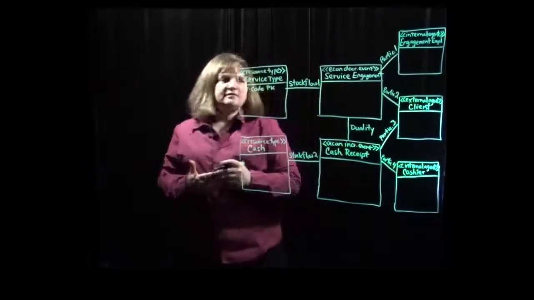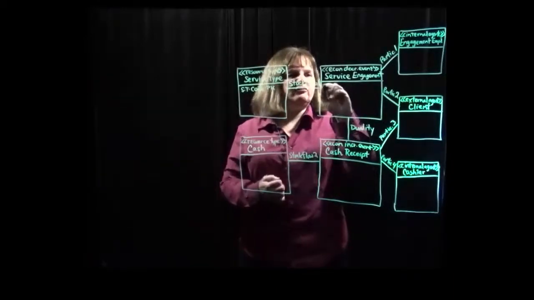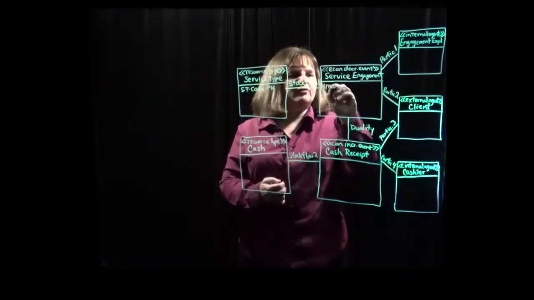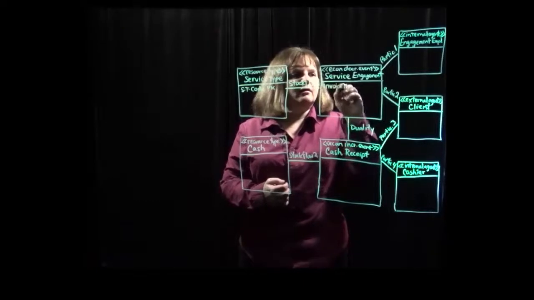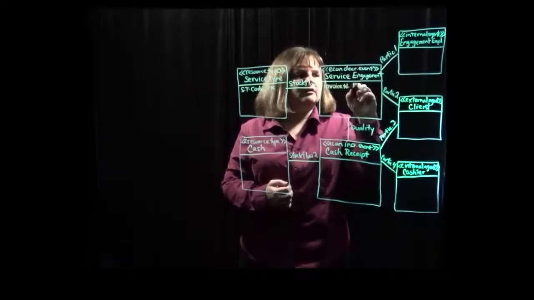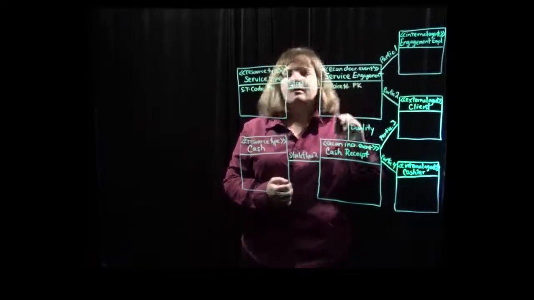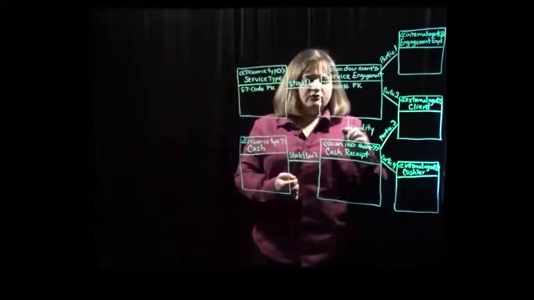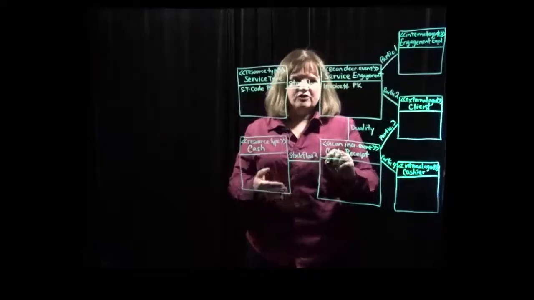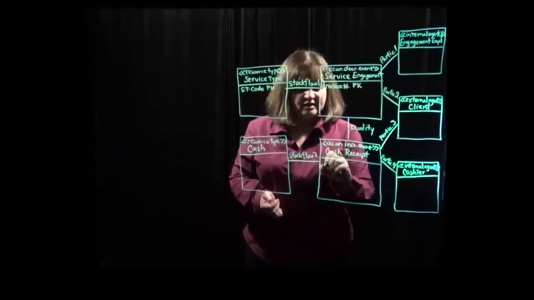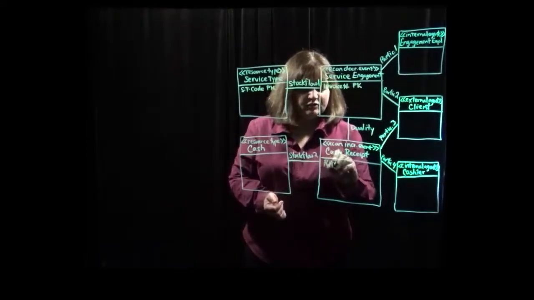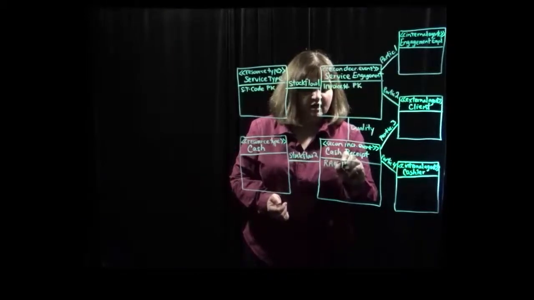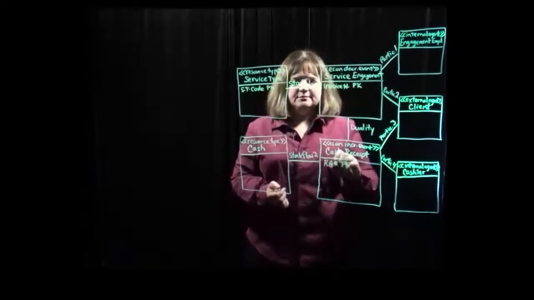The next one on the list is the invoice number for the services rendered, and that's going to be the primary key of the service engagement class. Then we are given the remittance advice number, and remittance advices are documents that are used to track cash receipts, and so the remittance advice number is going to be the primary key of our cash receipt class.